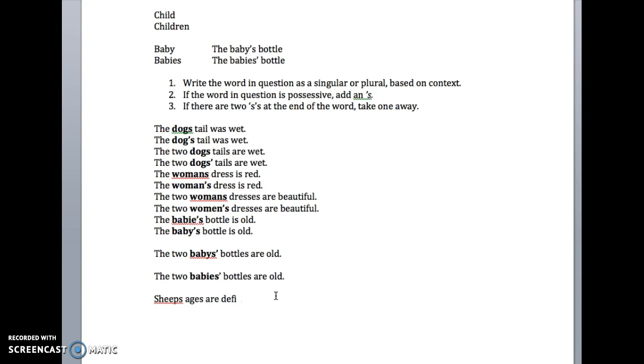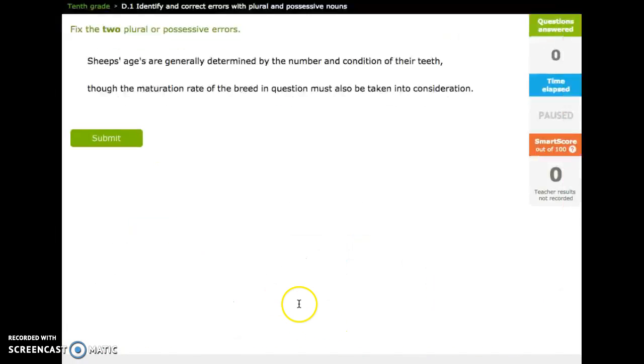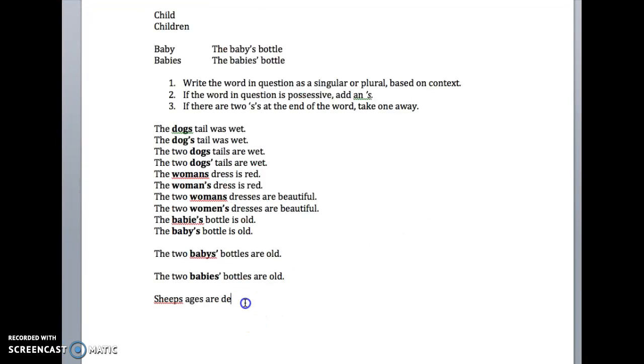First, this is the one in question, so let's write it as a plural. Plural for sheep is just sheep. Okay, if it's possessive, they own their ages. We're going to add apostrophe s, and we take it away if there's more than one.